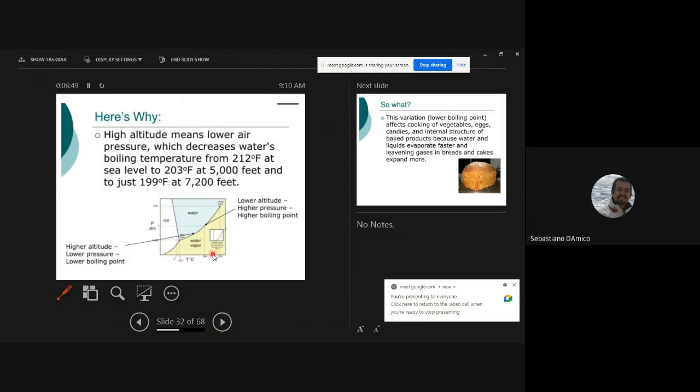These lines represent the combinations of pressure and temperature at which water moves to gas, that is water vapor, or water to ice, or ice to water vapor. So we need particular conditions of temperature and pressure to move from one state to the other, for example from solid to liquid.